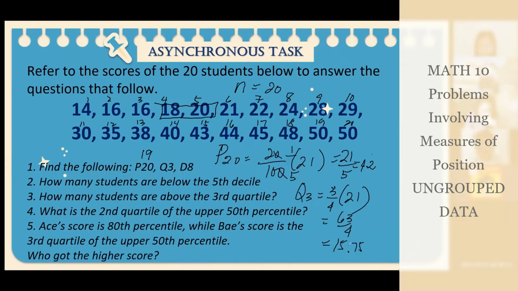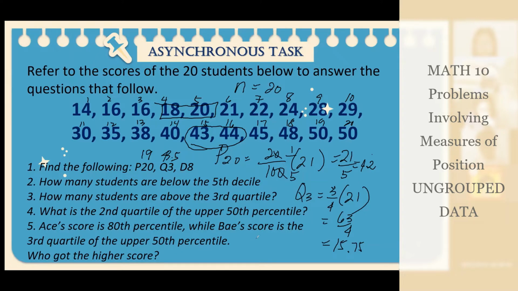So 15.75, therefore we have to consider the 15th and 16th. Between 43 and 44, it's 43.5, right? Those who answered 43.5, it's correct. 43.5 is the answer for quartile 3.